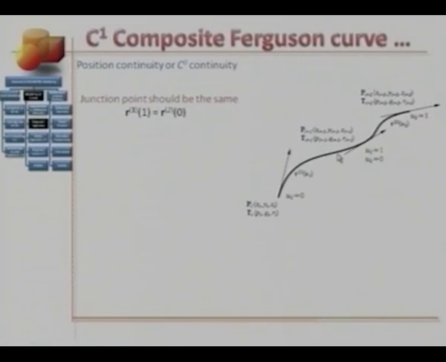In other words, the end point for u equals 1 for the first segment should be the same as the start point for R2 at u equals 0. This is this point right here. And for slope continuity or C1 continuity, the junction slope should have the same direction.